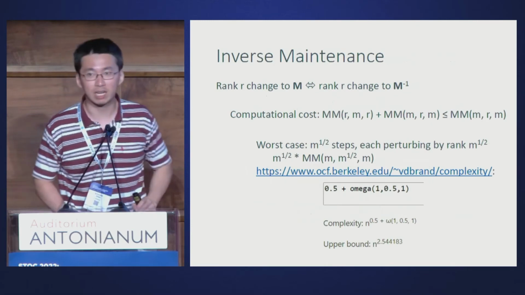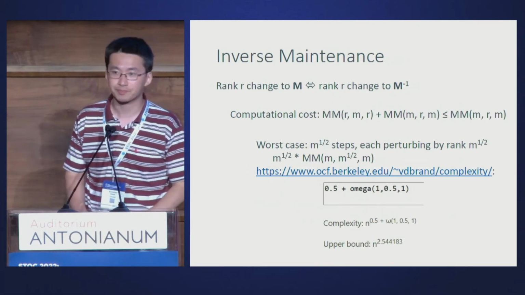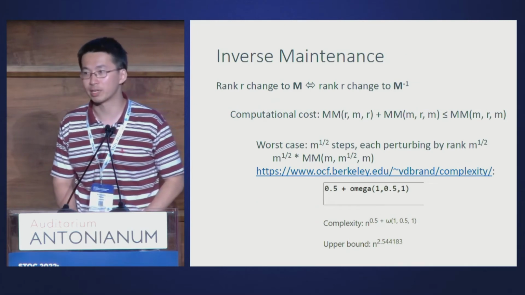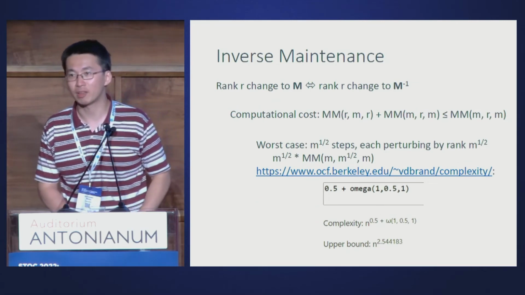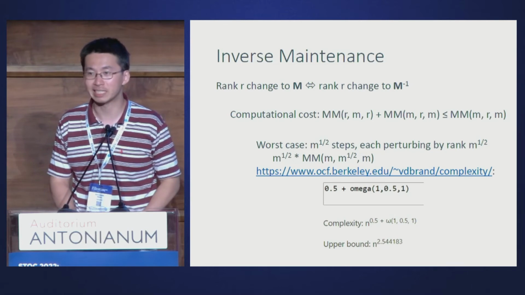And here there's an important thing, which is you think in terms of linear algebra. There's this formula called the Woodbury formula, whose details I really don't like to write down.